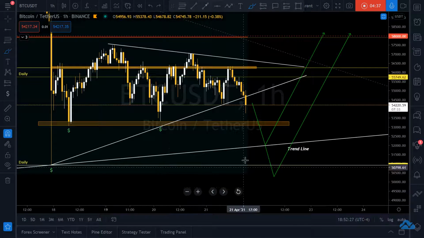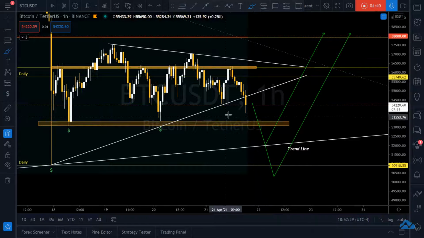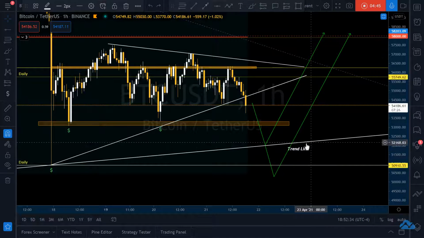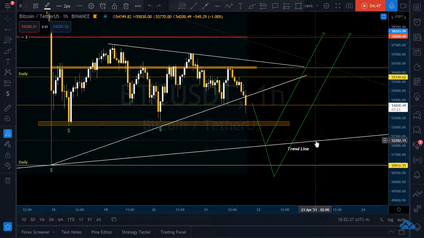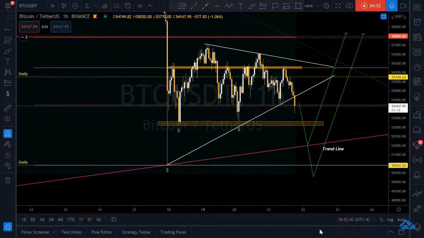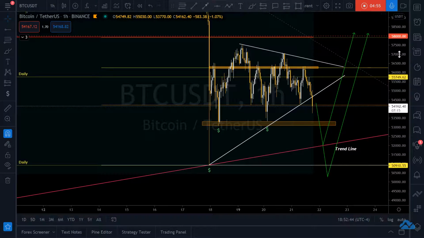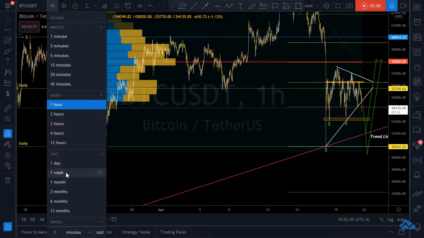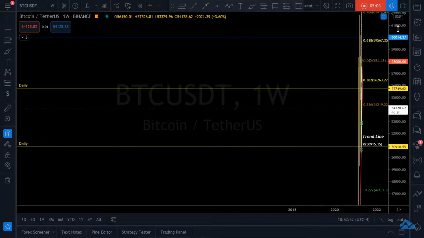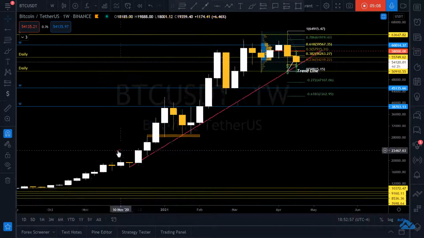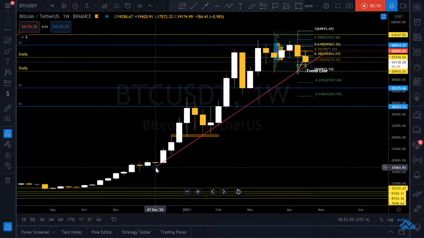Now, let me also remind you of this trend line here, this white line going all the way down. I'm going to color it pink, hot pink, Miami hot pink. I just want you to see how far back this trend line goes, all the way back to December of 2020.